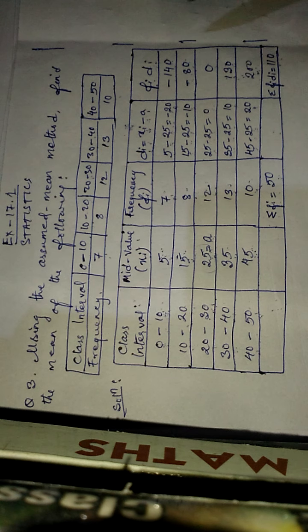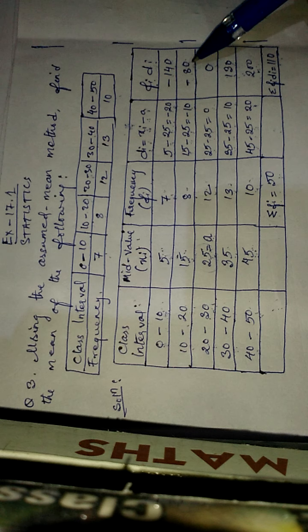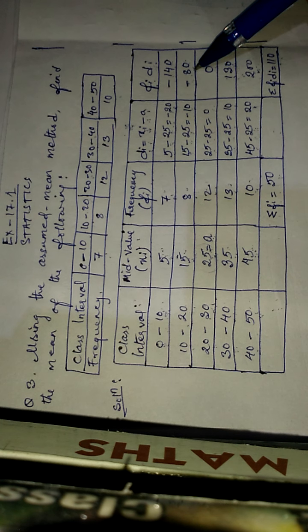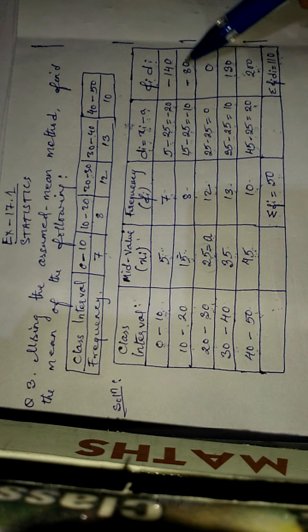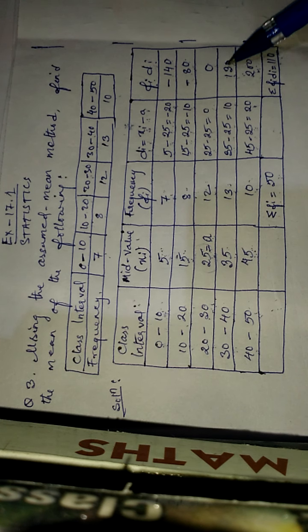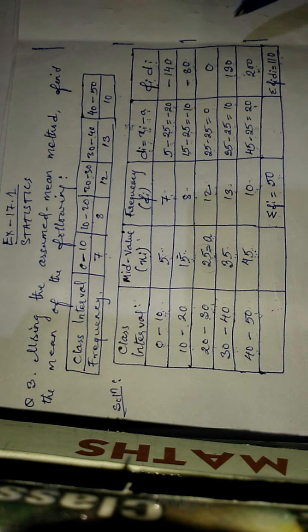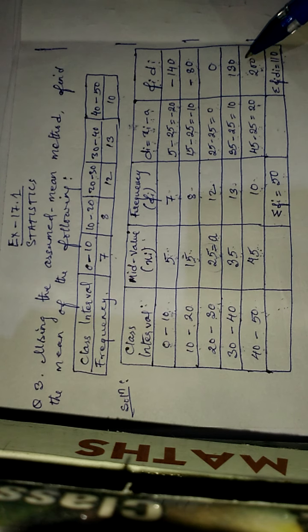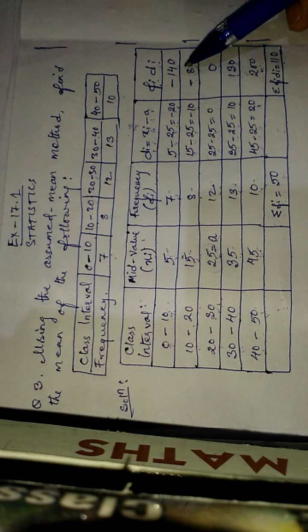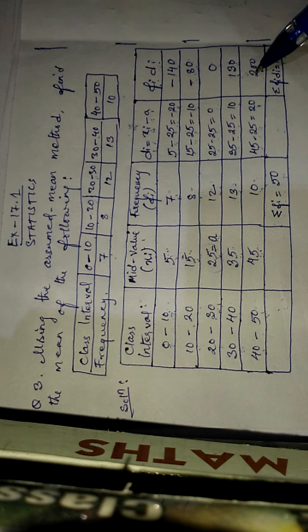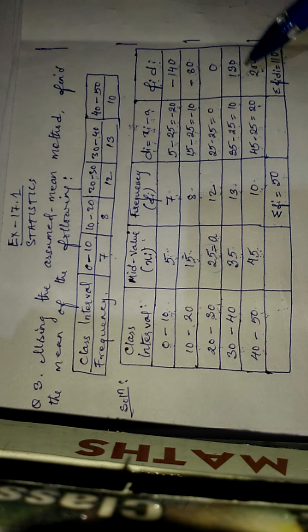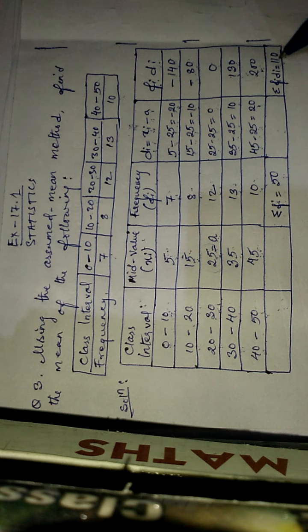So this 220 is minus and this 330 is positive. Since the positive is larger, we have to subtract 220 from 330. 330 minus 220 will be 110. This is the sum of the product of frequency and deviation.